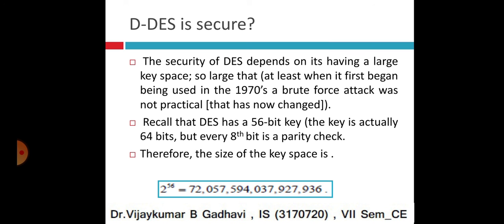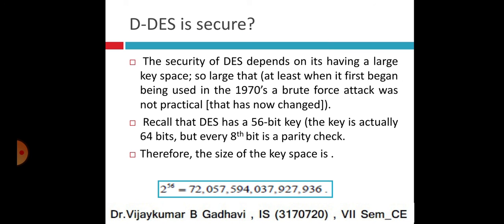Then one more question: is it secure? The security of DES depends on its having a large key space. 56 multiplied by 2 is equal to 112 bits key length. So here we mention large key space.